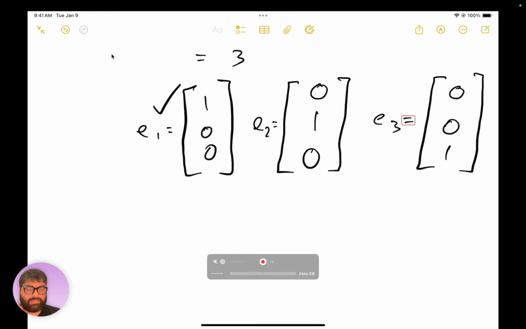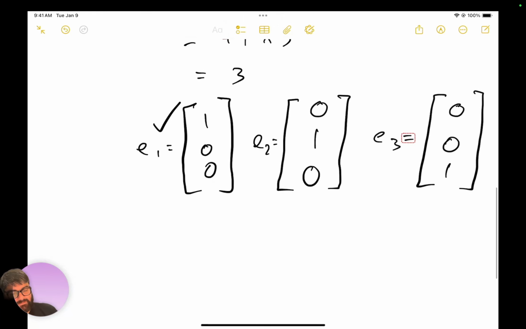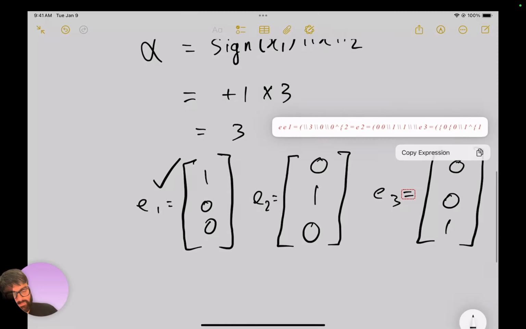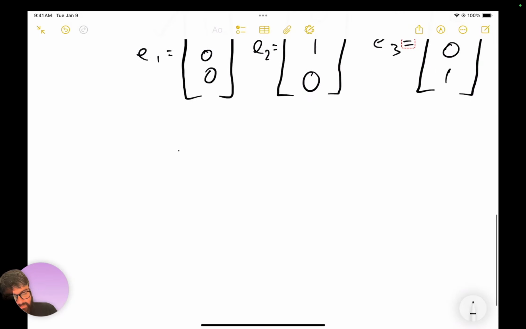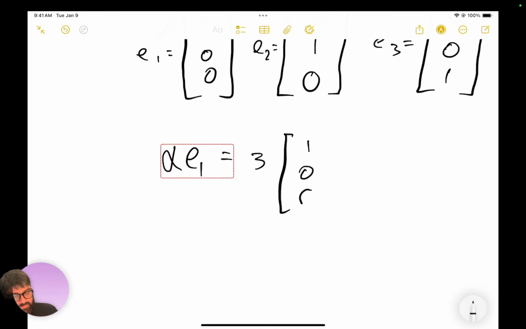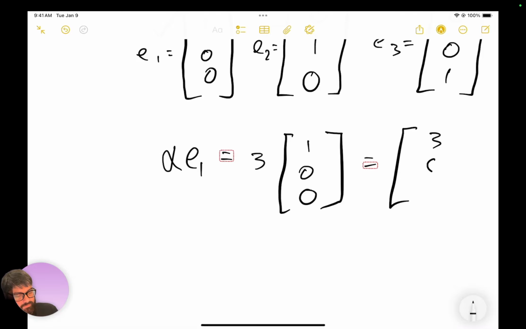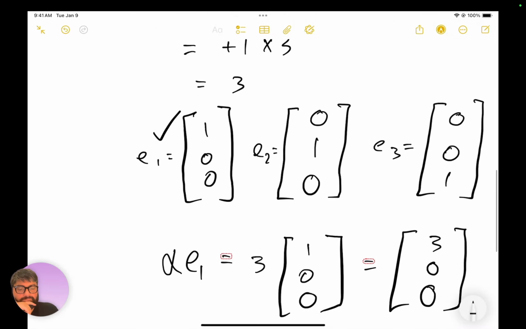So once again, alpha E1 is very simple. We've gotten the first basis vector. Therefore, alpha E1 equals 3 times 1, 0, 0, which equals 3, 0, 0. Pretty straightforward so far.